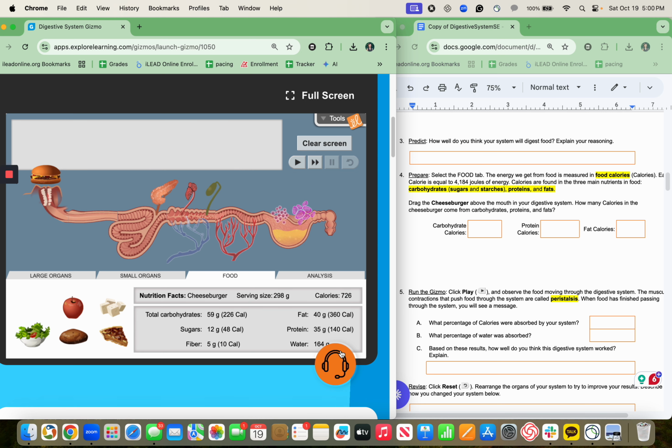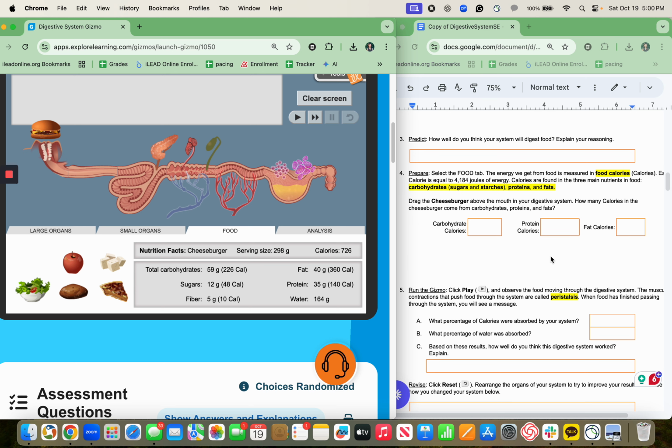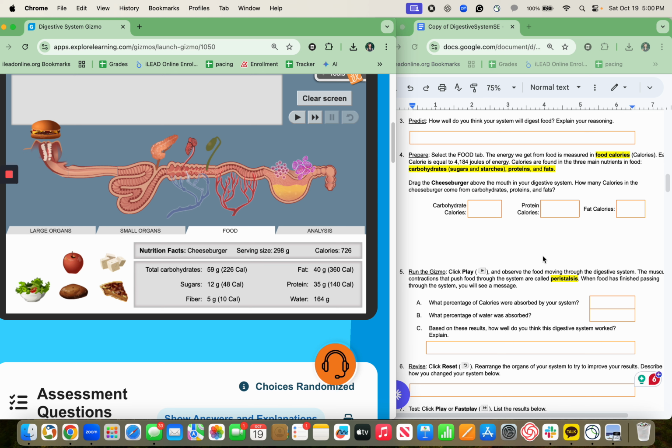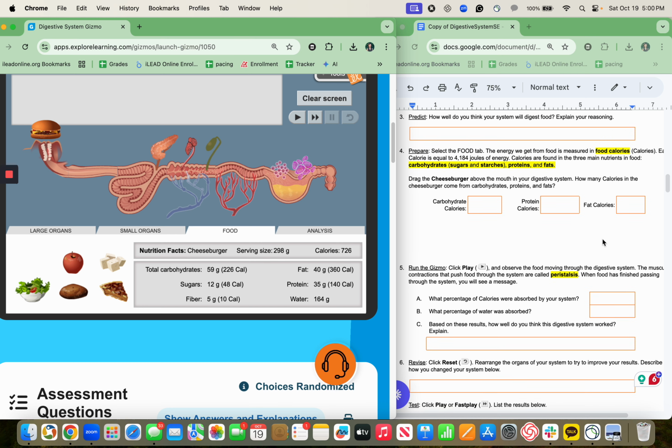Okay. So here's the information. It has 226 calories of carbs, 140 calories of protein, and 360 calories of fat. And everything you eat is made out of those 3 nutrients, 3 macromolecules.